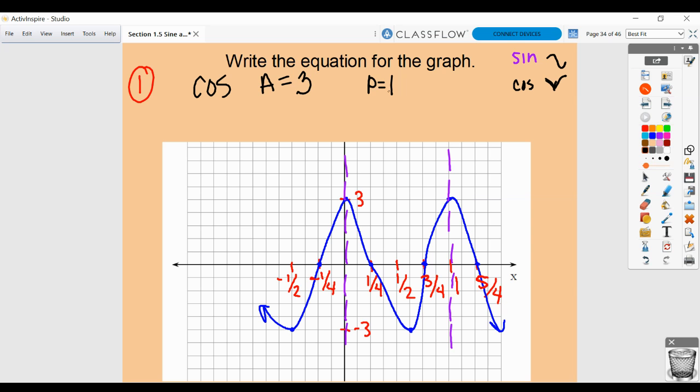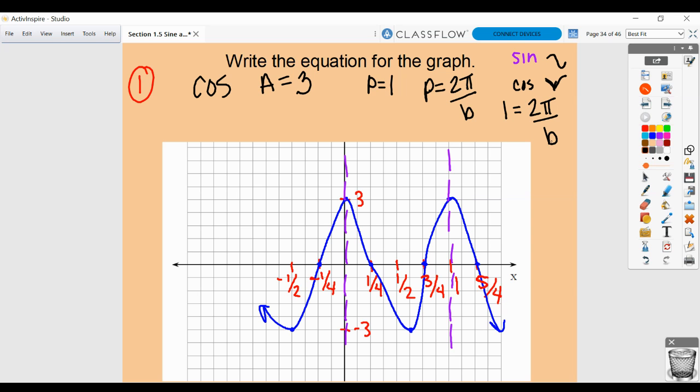So if you remember, the period was 2 pi over b. We are trying to solve for the b value. So this is a simple substitution in solving. Put the 1 in for the p, equal to 2 pi over the b, and solve that for b.